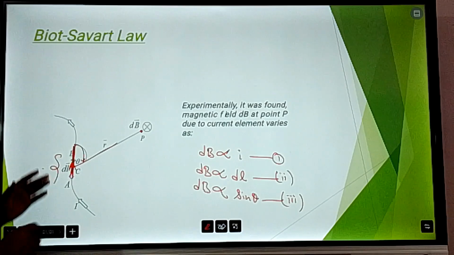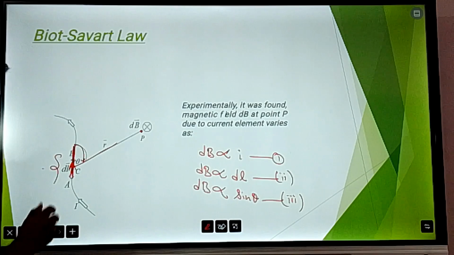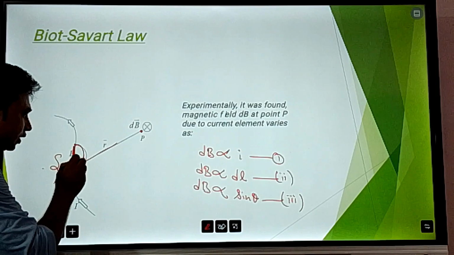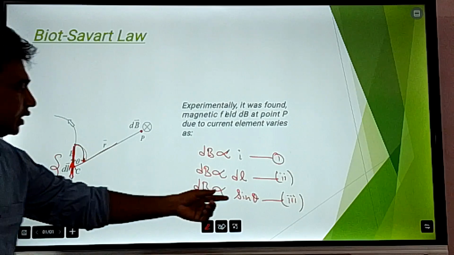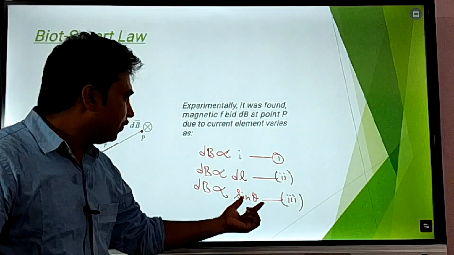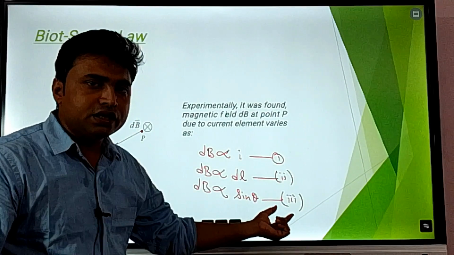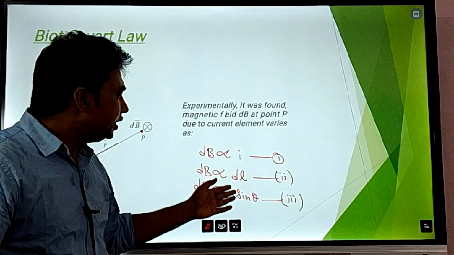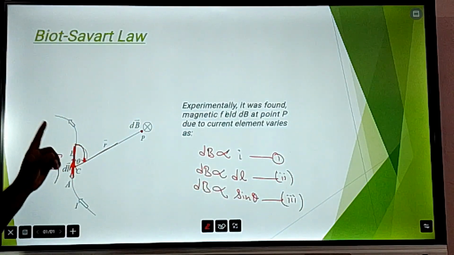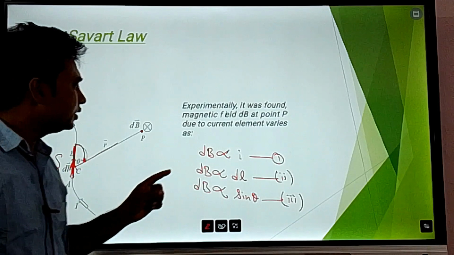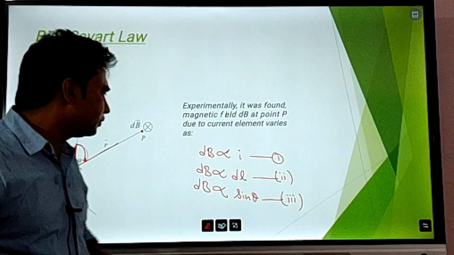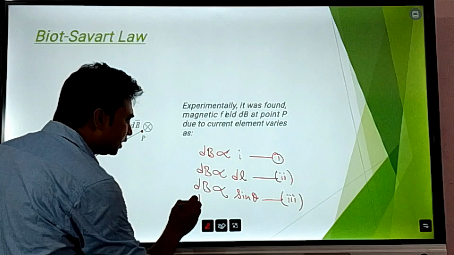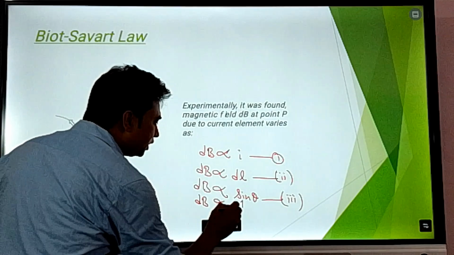We turn our hand from dl to r, measure this angle and take the sine theta of that angle, and we find that dB is directly proportional to sine theta. So I dl sine theta.